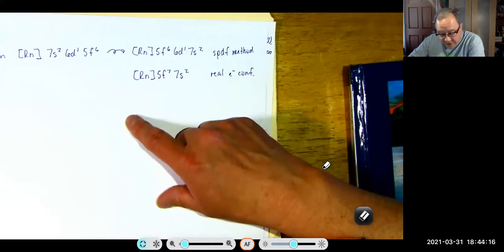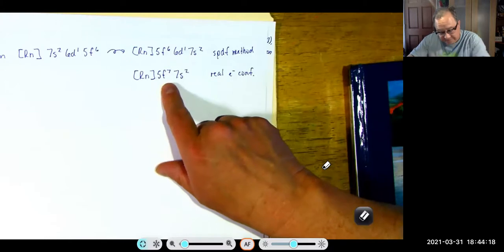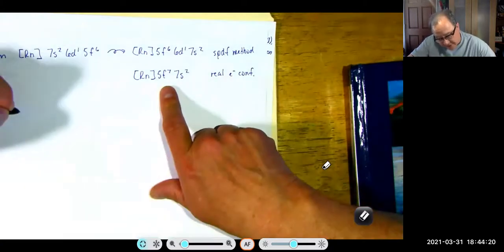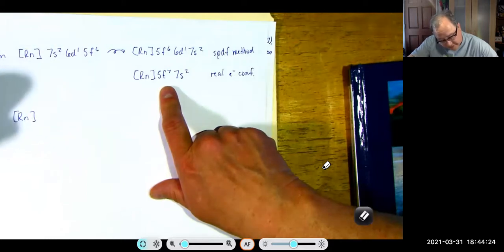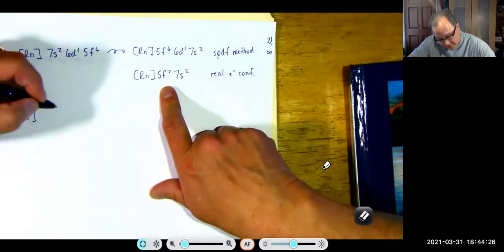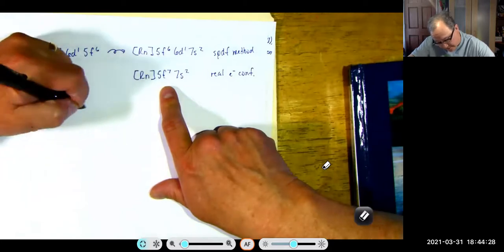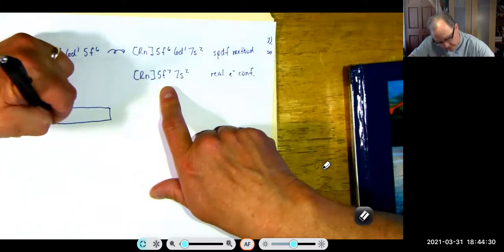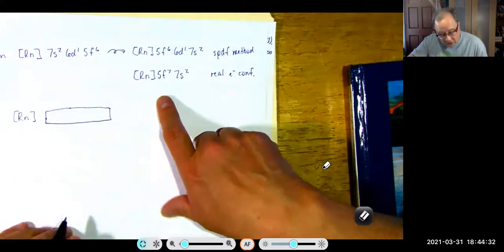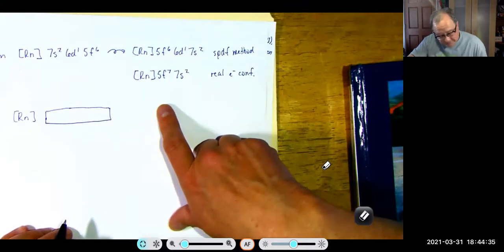Now, I do want you to understand why they're different. So I'm going to take this radon, the one that we got. This is the SPDF, and I'm going to write this out using what's called the noble gas orbital box diagram.